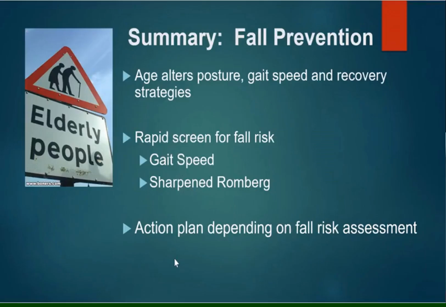I'd like to just summarize that we know that age alters posture, gait speed, and our recovery strategies. We need to be mindful of that and always be on the lookout for fall risk, and we can do that through gait speed. Again, I use 1 meter per second as my cutoff, and also to apply the Sharpened Romberg.